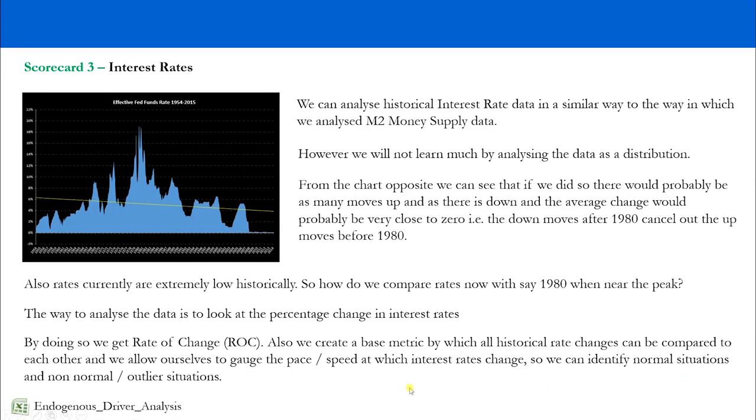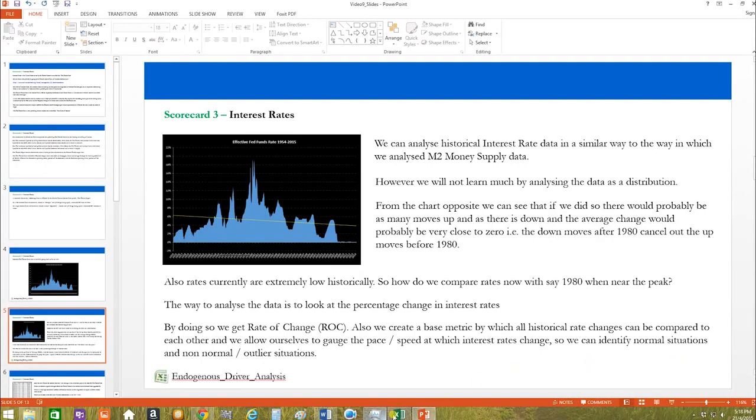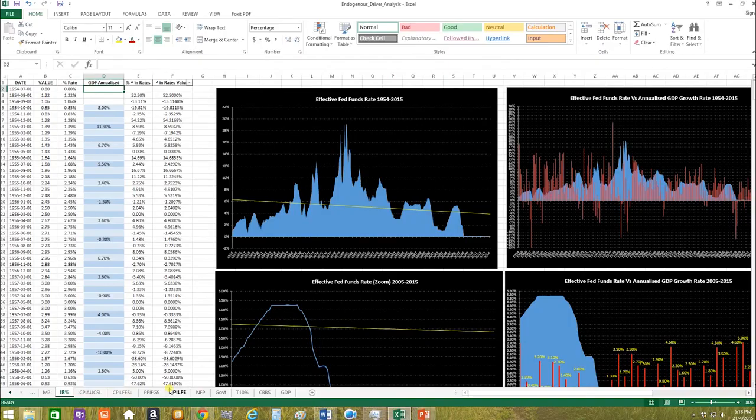Okay, so why don't we go into the spreadsheet, endogenous driver analysis, and take a look at this data. So we're currently in the interest rate sheet here. As you can see at the bottom, the IR percentage sheet next to the M2 money supply.